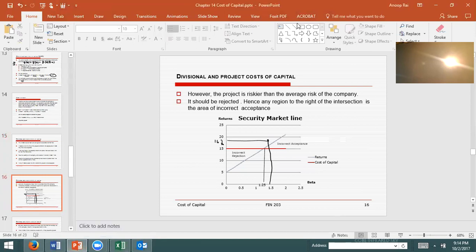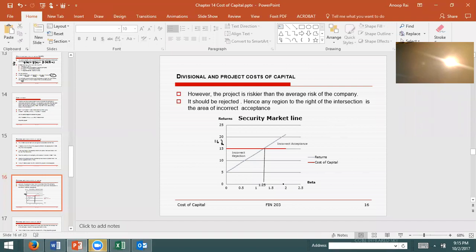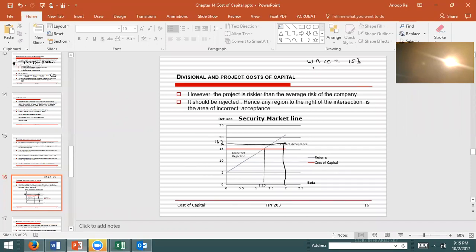Sorry, I made a mistake and I had to redo that. Assume you had a riskier project, let's even dramatize it, at a beta of 2, and the return is 16%. Now, if you say my weighted average cost of capital is 15, and then there's a project A giving me 16%, you cannot automatically accept that because it could have a beta of 2.